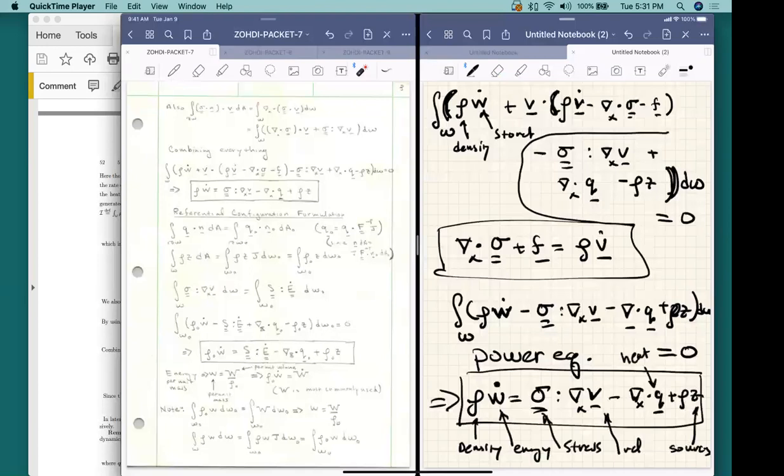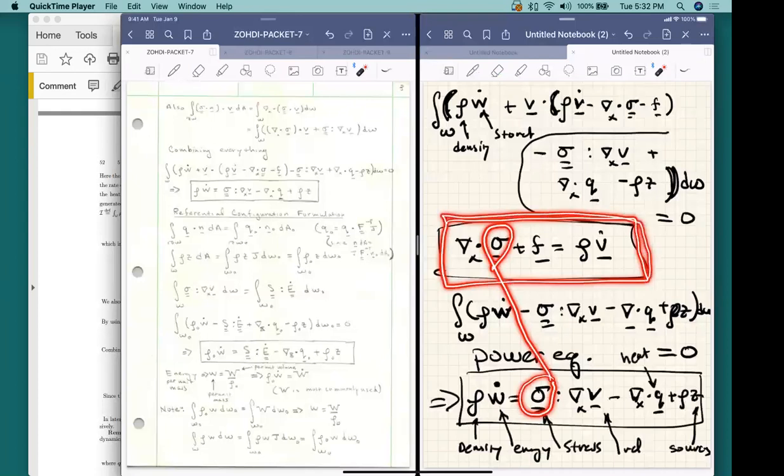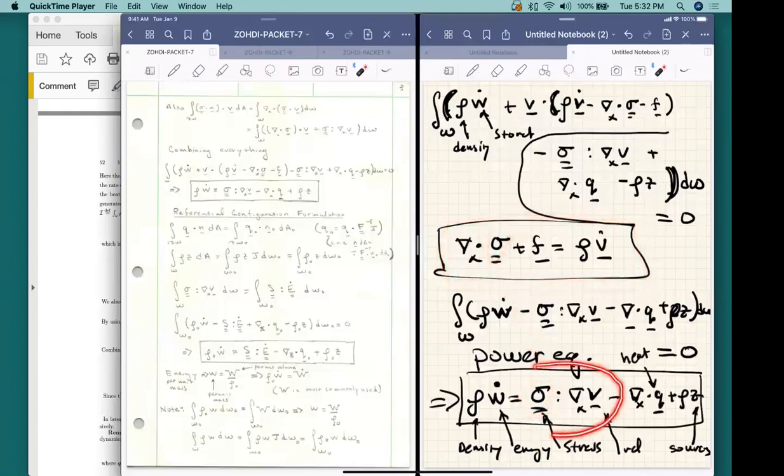Now, this equation has a lot of beautiful implications. Number one, it's interesting that the stress appears here, and it also appears here, which means that the things that control how things deform and the balance of momentum also have some role to play with the energy that's inputted into the system.